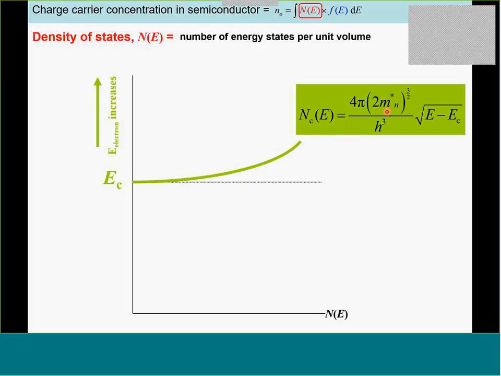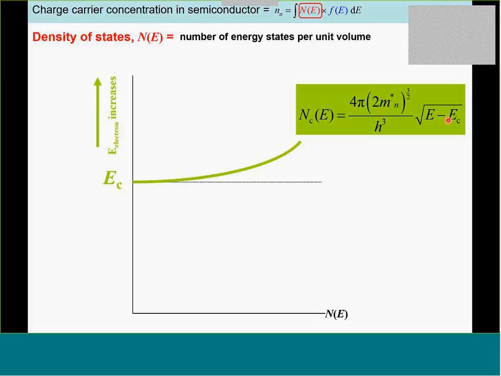So we need to make some correction to the mass, since it is the effective mass and not the mass of the free electron. Shortly I will show you the value of it. And of course h is the Planck constant, and square root of E minus EC, wherever your energy level is.